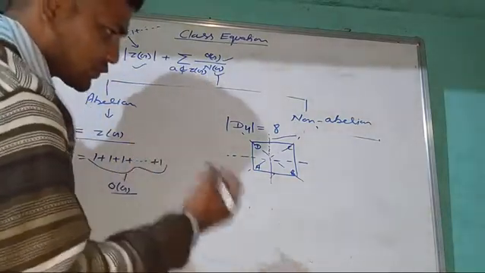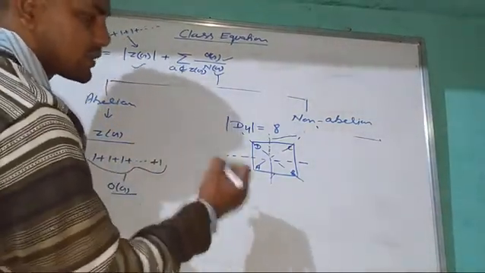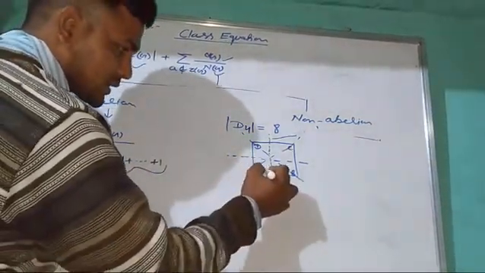So first, we count the number of elements of this group.